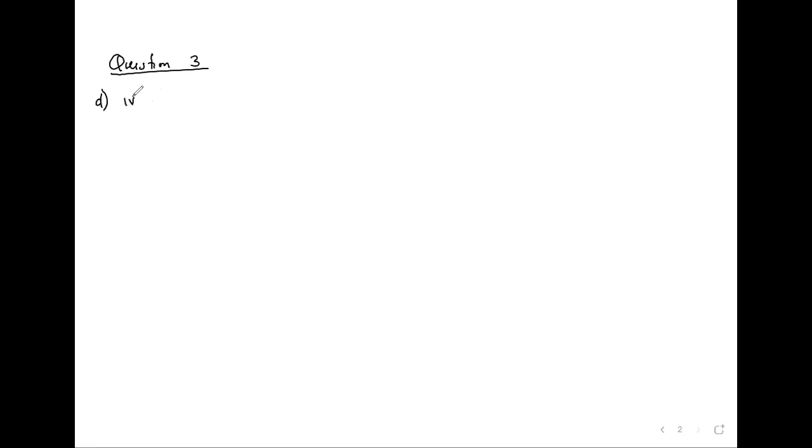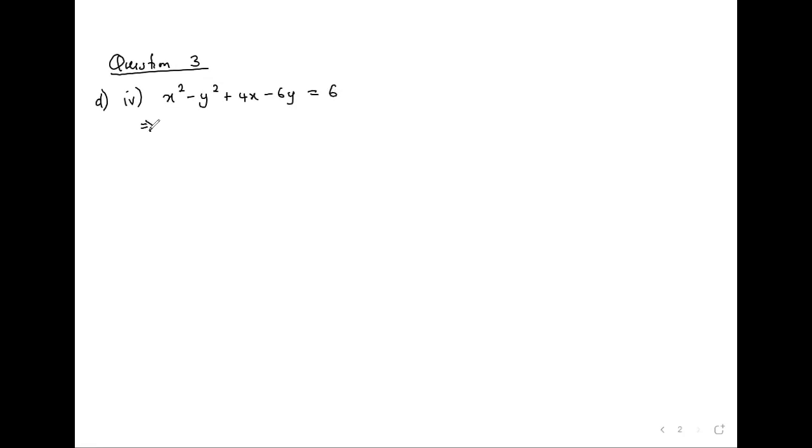So D4, we are given x squared minus y squared plus 4x minus 6y is equal to 6.